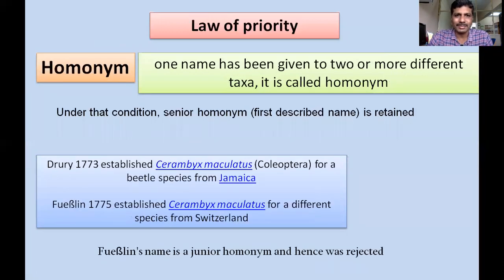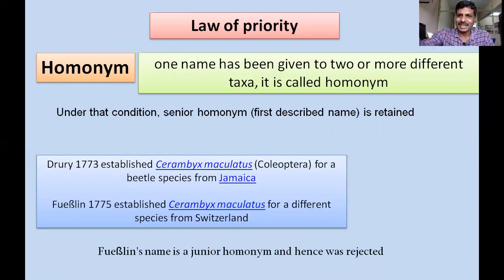Similarly, homonym. Homonym means one name has been given to 2 or more different taxa. This is an unfortunate thing, and it happens many times. Under that condition, the senior homonym is retained. That means you can see here one name for 2 different taxa, the same name. Say for example, a person comes out with a new species in India.